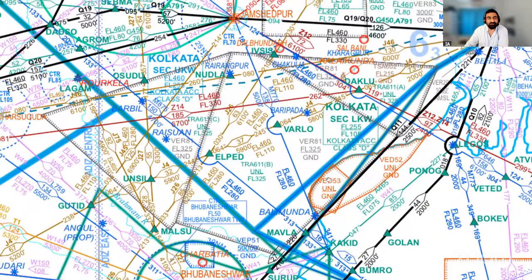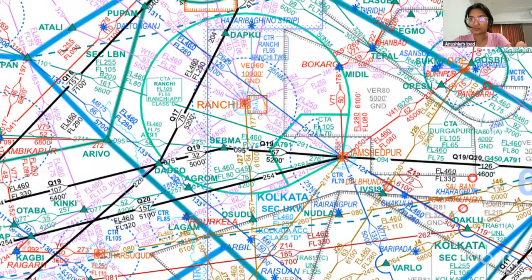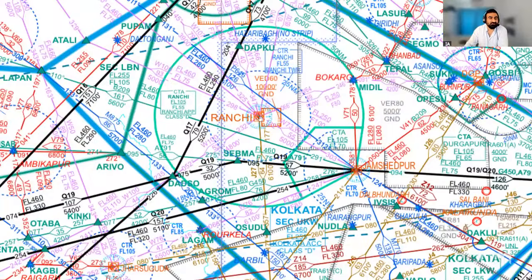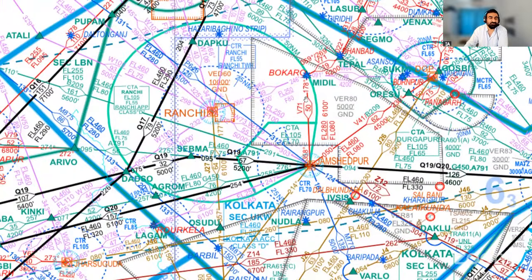Certain times, certain NOTAMs are also issued. Now, next to Ranchi, so close to Ranchi, one major side of the Ranchi aerodrome within the vicinity is a danger area, up to 10,000 feet. Okay. See the restricted area, such a big restricted area.